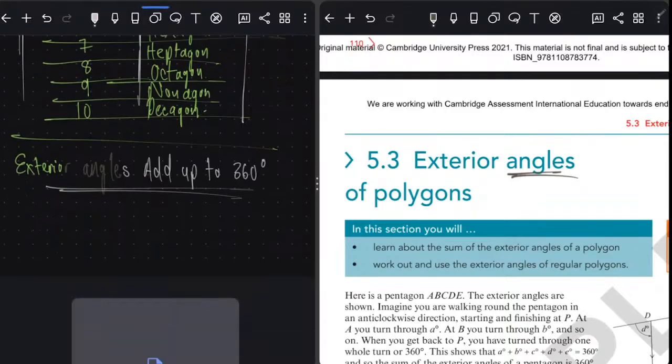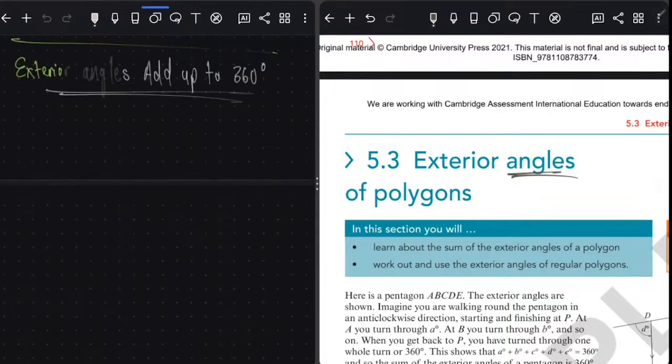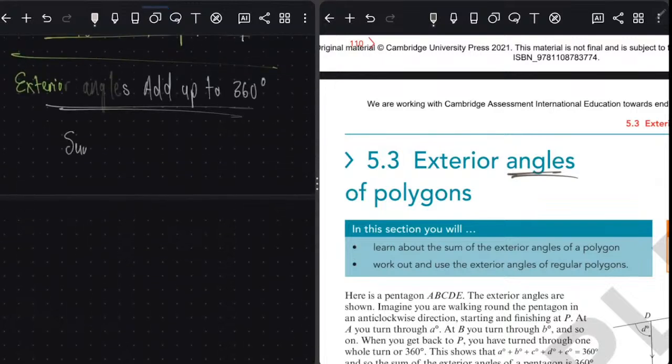Instead of writing that, you can say sum of exterior angles. Of interior, we saw the formula. Here you say sum of exterior angles is equal to 360 degrees. Can you see? Sum of exterior angles is what?